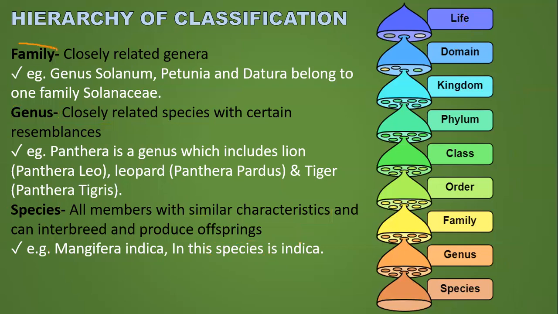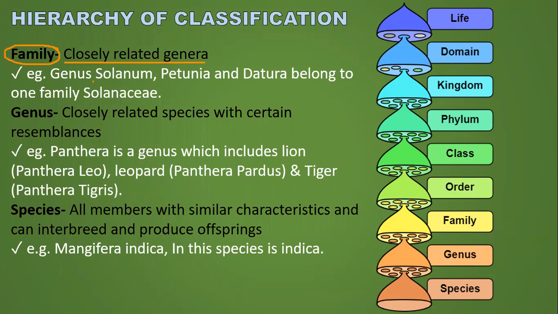Finally, you have the family. You have to discuss the family as well. When a group of genera combine together, that will lead to the formation of a family. So closely related genera will lead to the formation of a family.